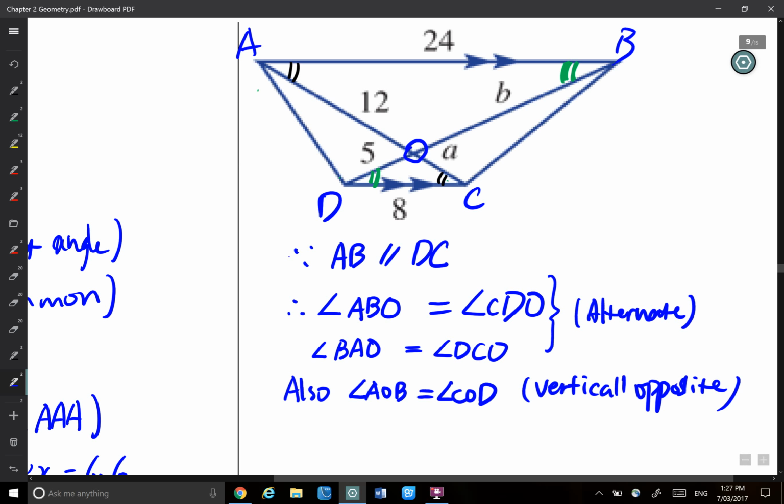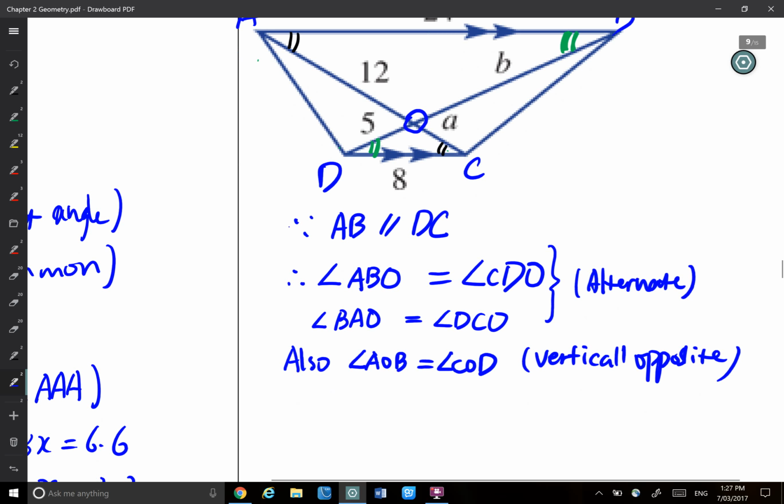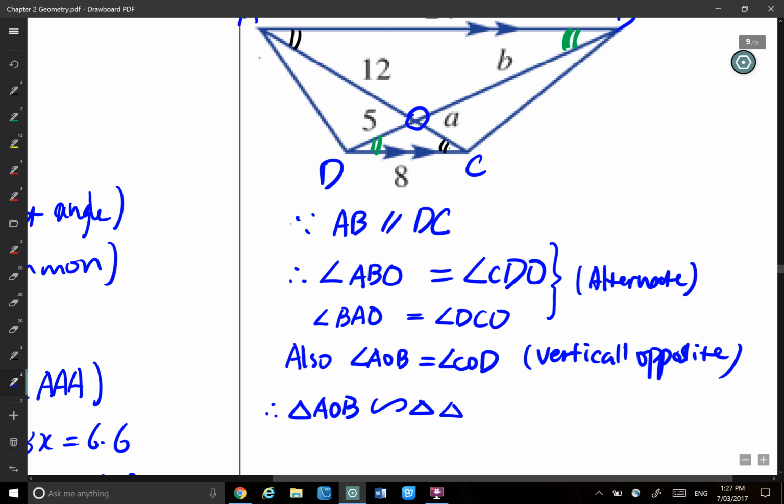There are two kinds of reasons. The vertically opposite angles are equal, or I can say it's the third pair. So the conclusion is triangle AOB must be similar to triangle COD. A is the black angle, so the black one is C, O is still O, B is the green one, which is D.